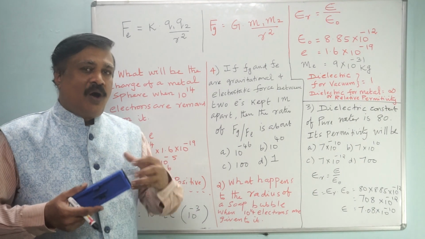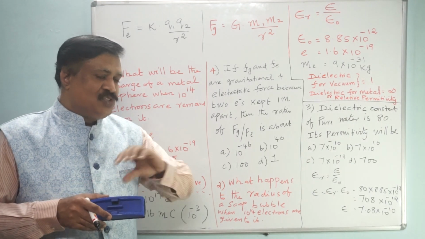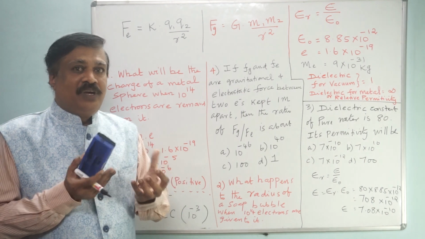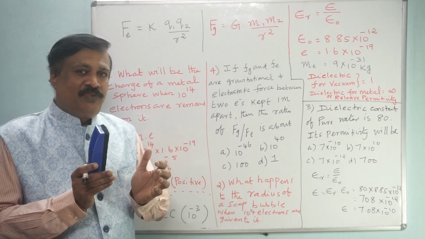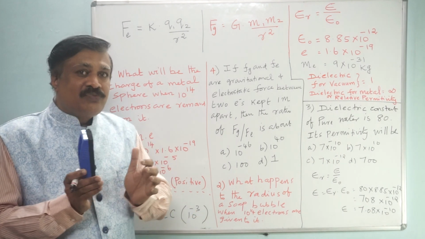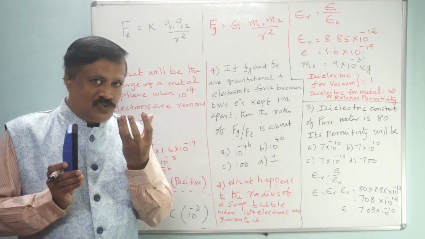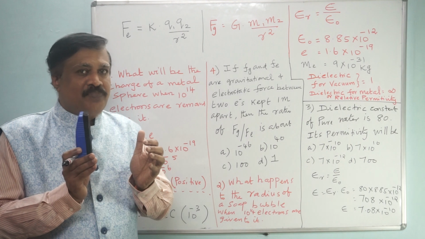Negative means all are negative electrons you are giving. That means like charges repel each other, and you are giving a lot of electrons. Therefore repulsive force will be there. Therefore the electrons are scattered on the surface. Therefore the radius will increase. A small soap bubble will go to some bigger size. That means radius will increase.